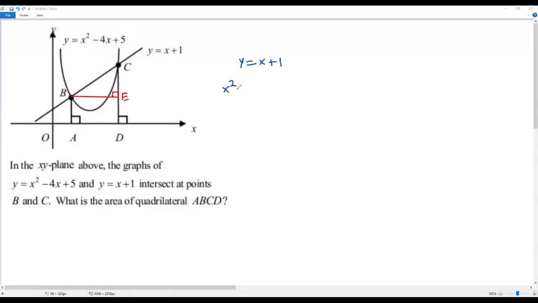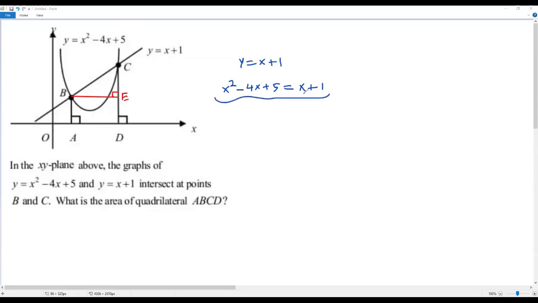So we get x squared minus 4x plus 5 equals x plus 1. I just combined the two equations to find the points of intersection of the parabola and line. Now let's solve.